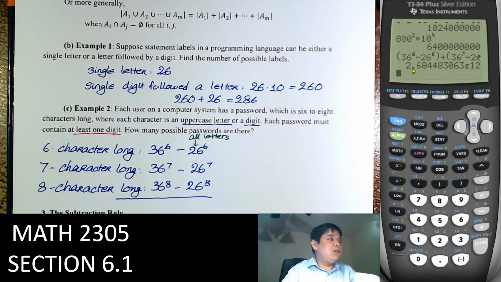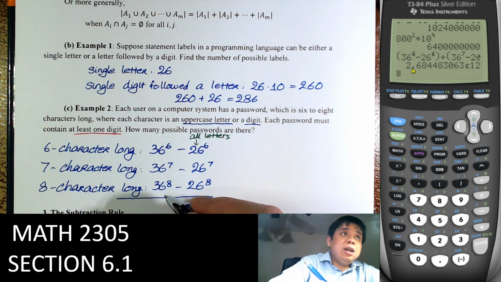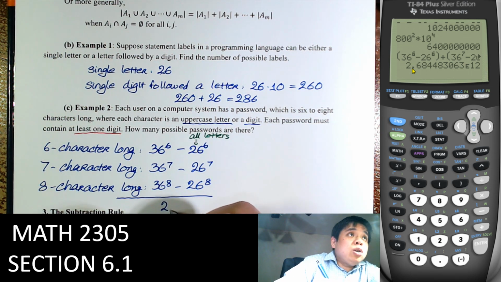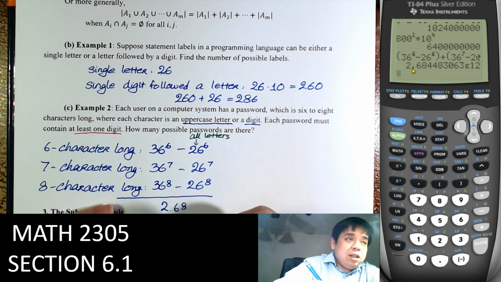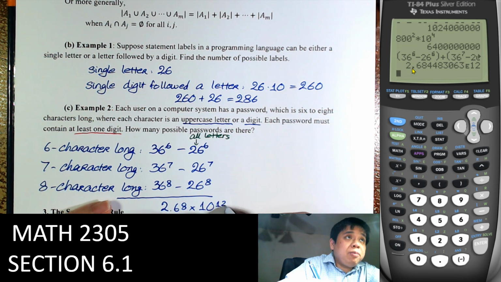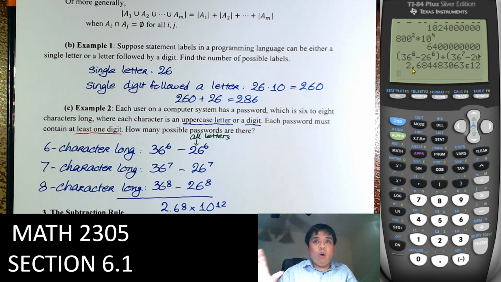So we have that, 2.68 times 10 to the 12. This calculator will not give you all the digits, so we just have to stick with that.